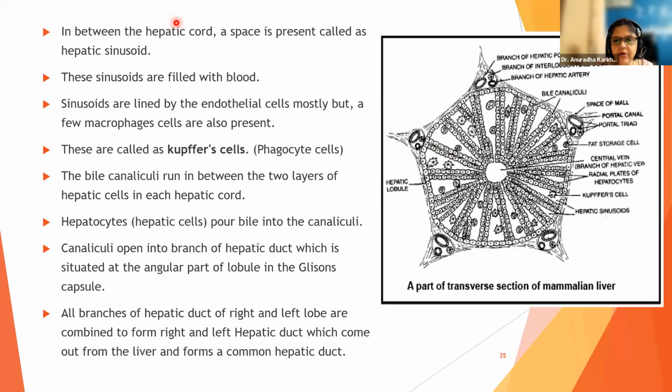In between the hepatic cords, a space is present called the hepatic sinusoid. These white gaps you can see are the hepatic sinusoids, the gap between the two. Right? Got it?